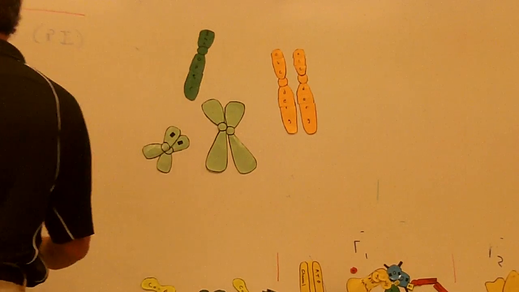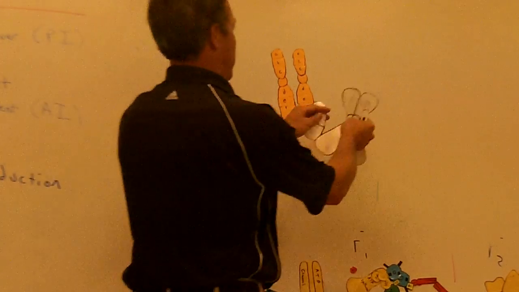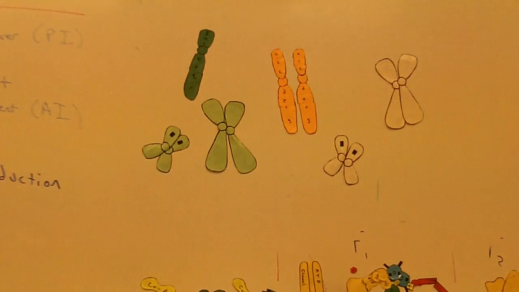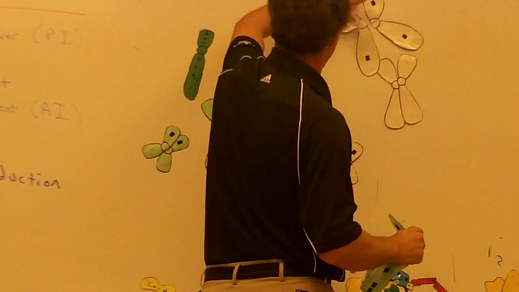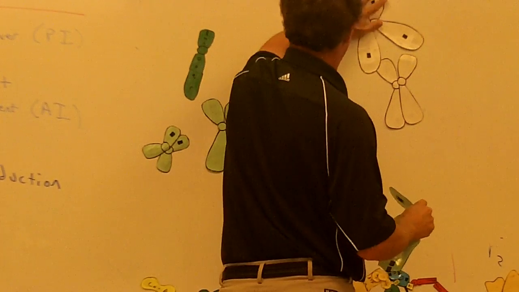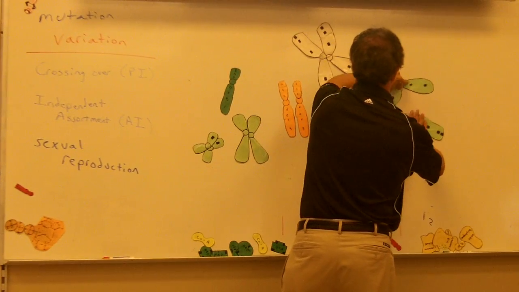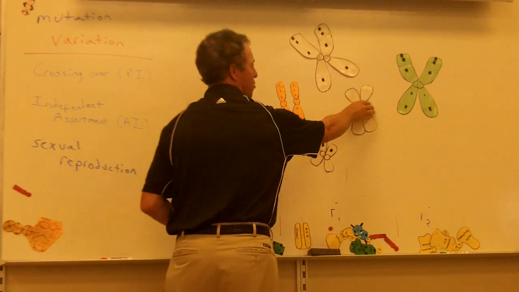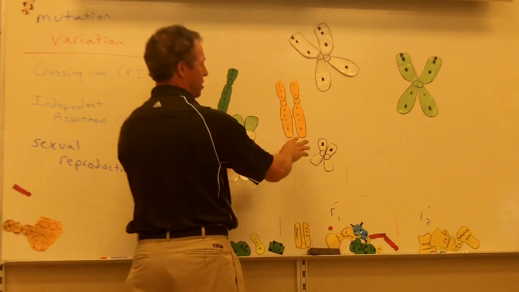And here's our cell. Here's our chromosomes in our cell, and I'm just going to take these white ones out and put these purple ones in their place, these orange ones in their place.